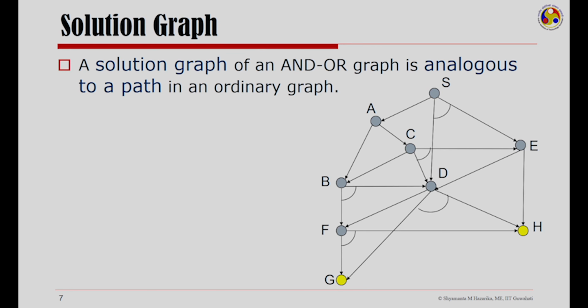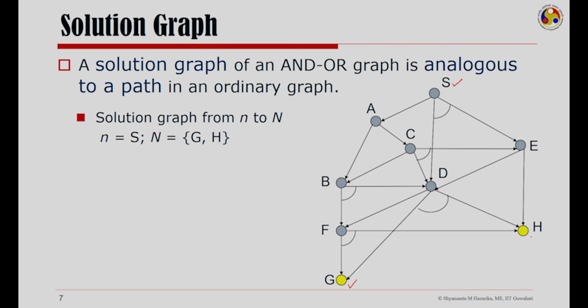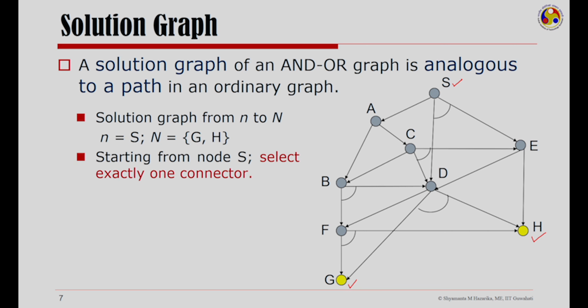Solution of an AND OR graph is analogous to a path in an ordinary graph. So, let us look at this example AND OR graph. Here, if we are looking for a solution from node S to the set of solution nodes, which are G and H, we want to explore starting at S and select a connector to take us to the successor nodes.